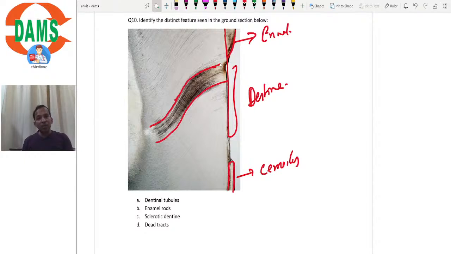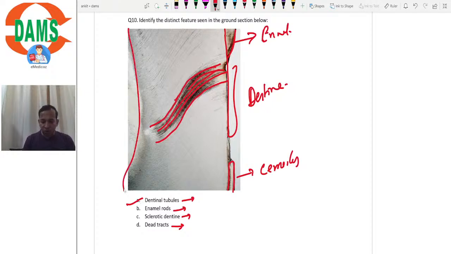Now you can see some dark dentinal tubules in the center. And what are these? These must be dentinal tubules or enamel rods or sclerotic dentine or dead tract. So yes, they are dentinal tubules, but the majority of the tissue shown in this diagram is dentine.